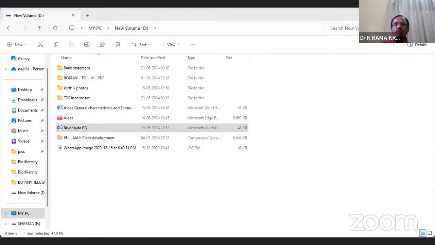And next, below the upper epidermis and above the lower epidermis, all together, it is parenchyma tissue.